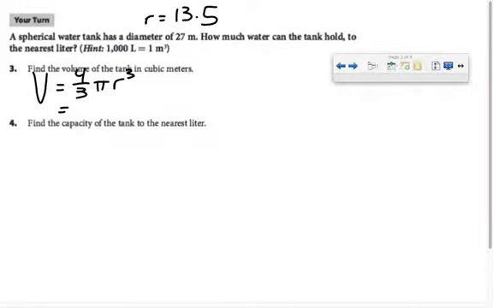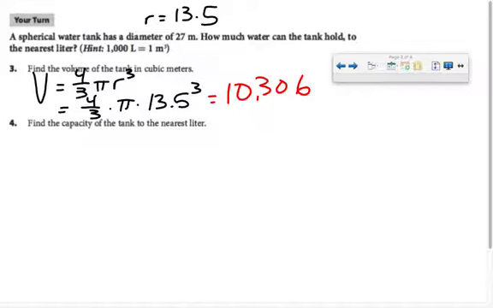So 4/3 times pi times 13.5 cubed. So 13.5 cubed times pi times 4/3 is 10,306.